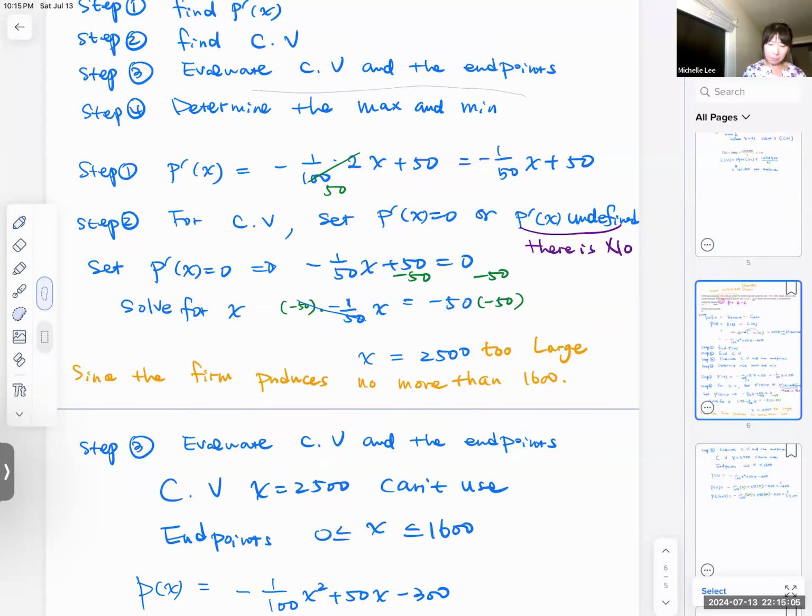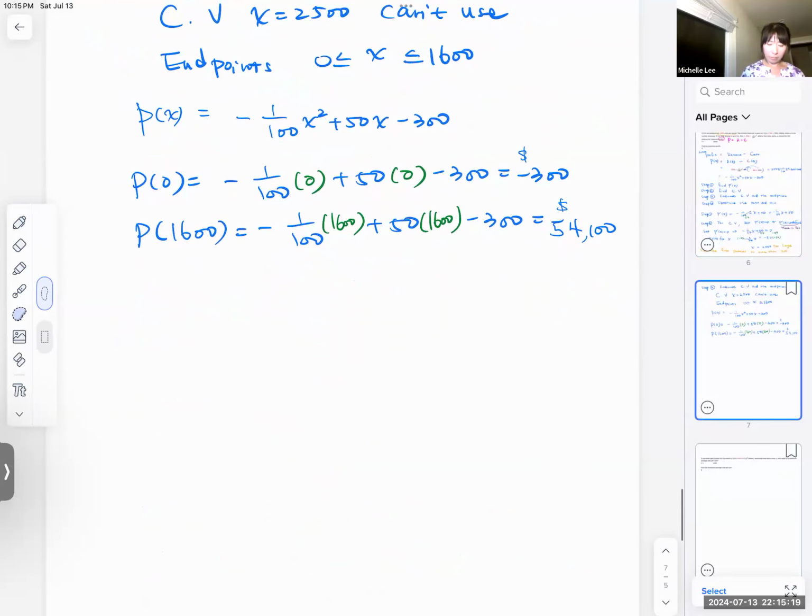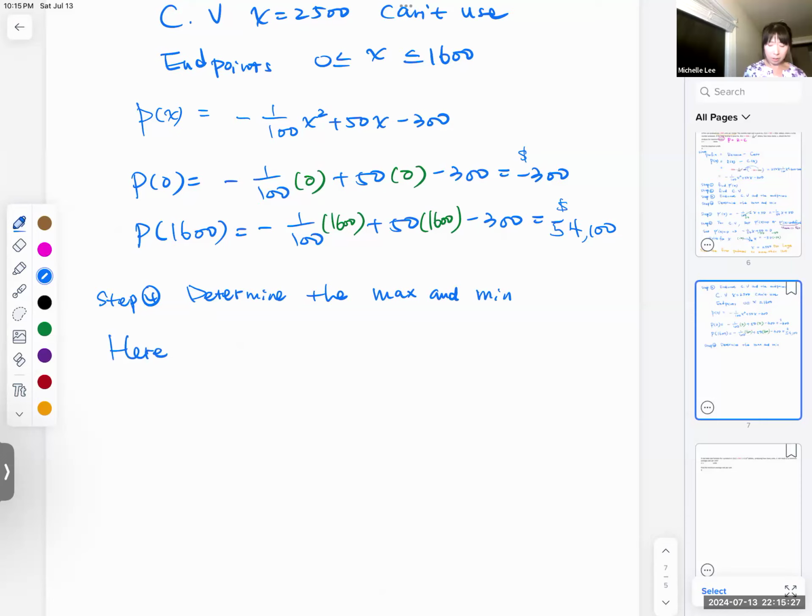Okay, so step 4, we need to determine maximum and minimum. But in that case, only maximum profit, right? They said that earlier. So maximum profit, here, maximum profit they ask us.